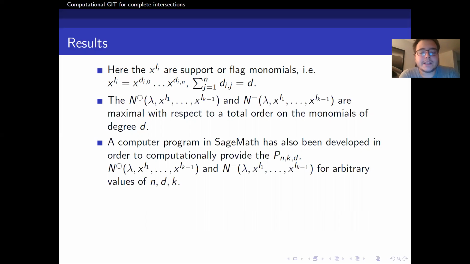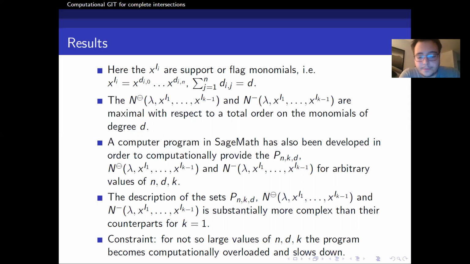In a similar way to Gallardo and Martinez-Garcia, we have developed a program in SageMath that can find the set P_{n,k,d} and the k-tuples of sets N^0 and N^- for arbitrary values of n, d, and k. The thing is, though, that the description of these sets is much more complex than their counterparts for k equals 1.